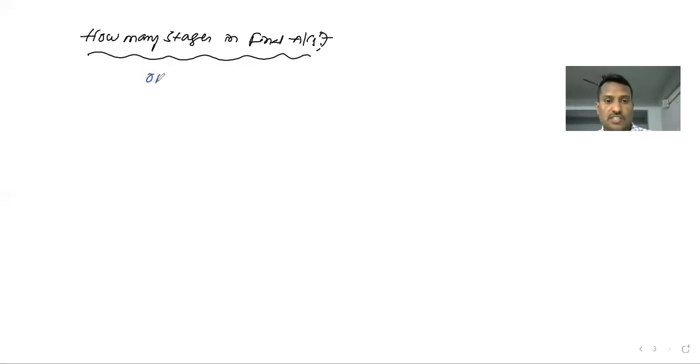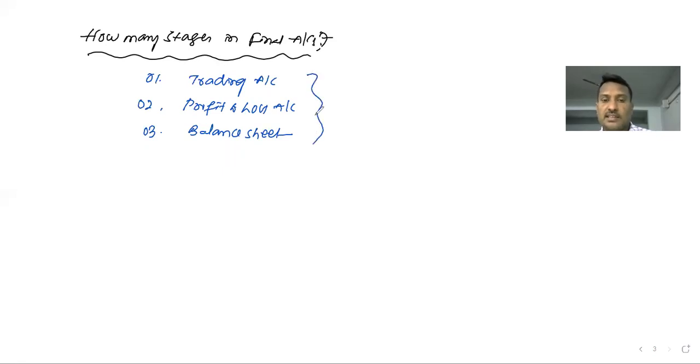They are: first one, trading account; second one, profit and loss account; third one, balance sheet. In these three stages, the businessman prepares the final accounts to know the results of the business and the financial position of the business.